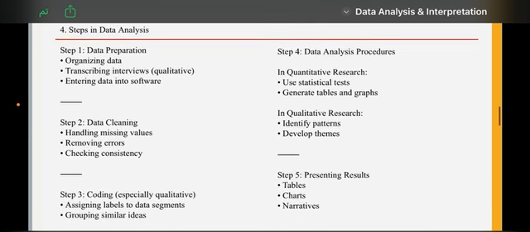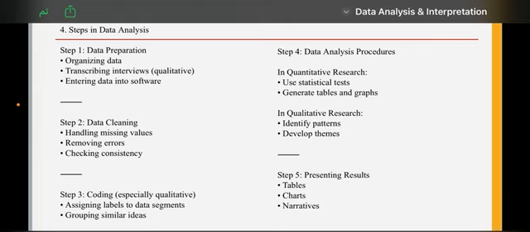Then we have the steps in data analysis. We have 5 steps. Step 1 is data preparation: organize data and transcribe interviews for qualitative research, entering data into software. The second step, data cleaning: handling missing values, removing errors, checking consistency.